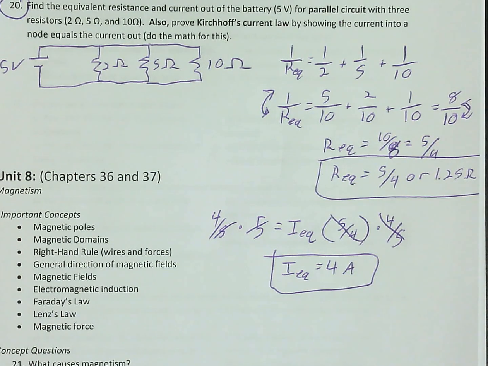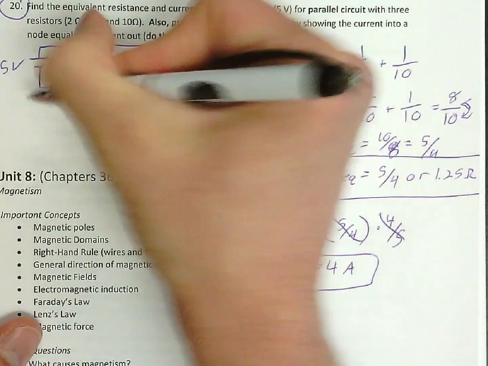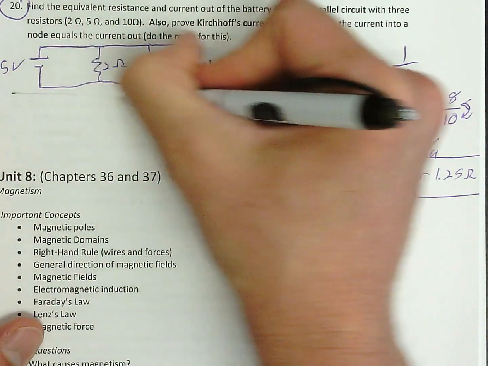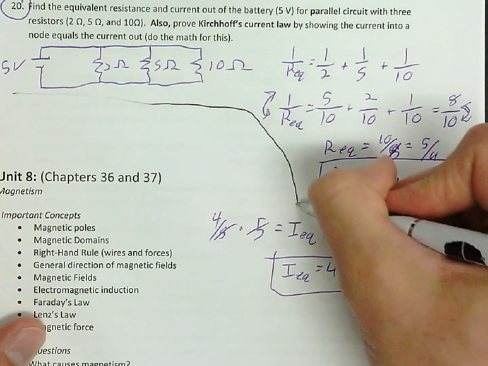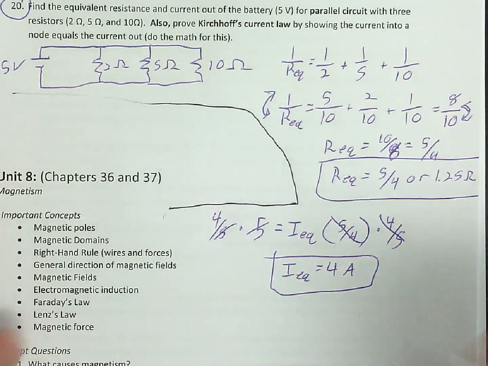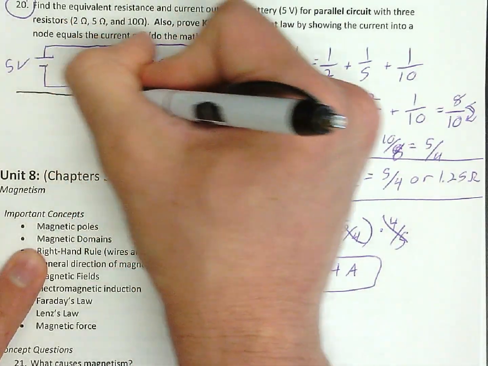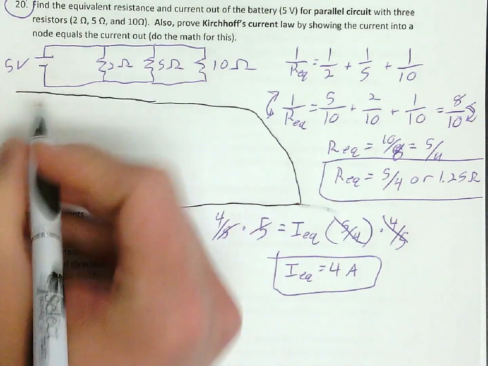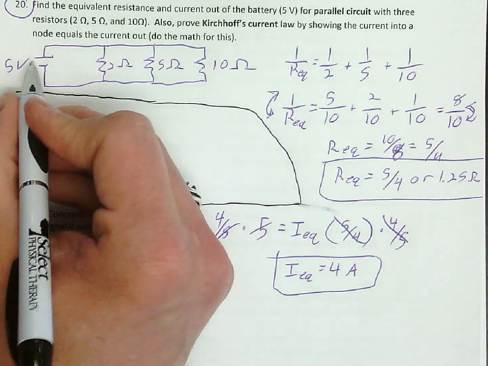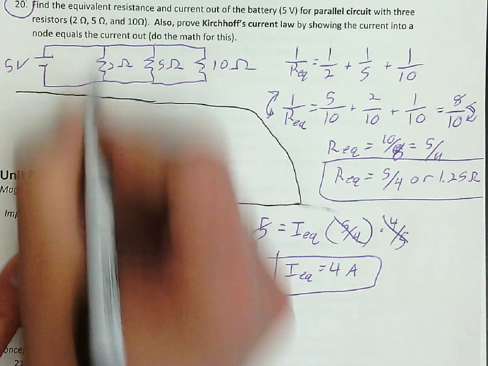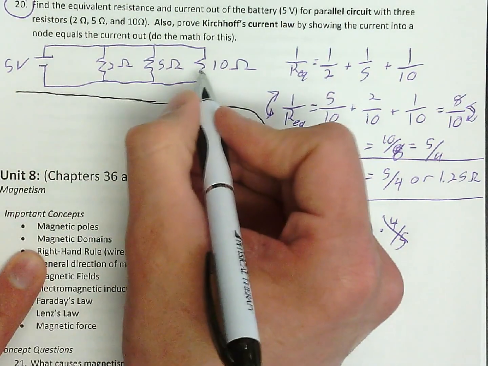The current in is the current coming from the battery, that comes into each of these loops.